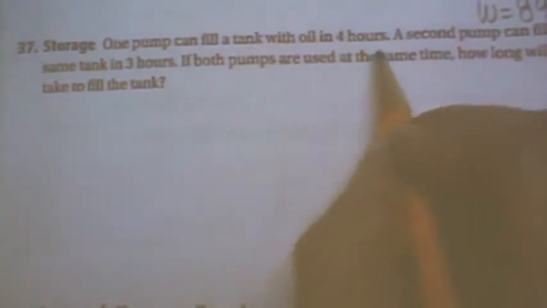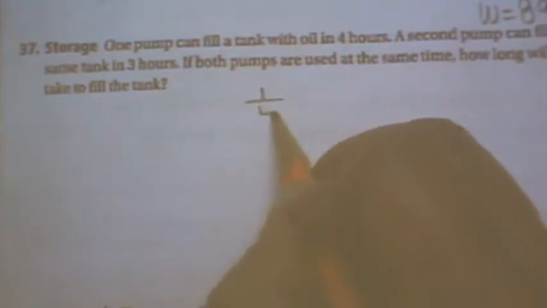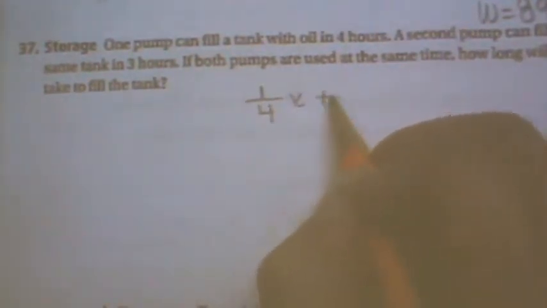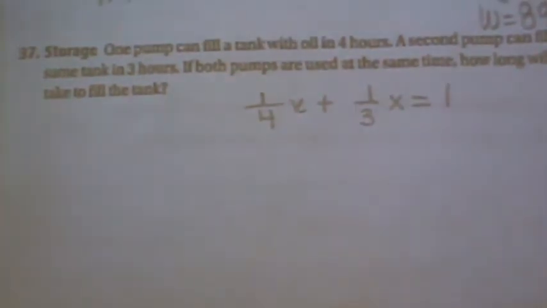What would you write? So the first pump is gonna take 4 hours. So what portion of the job can it do in 1 hour? 1/4. And the second is a third of the job can be done in an hour. Set that equal to 1.